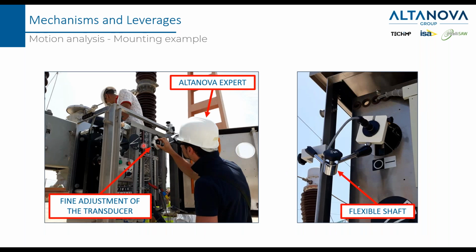Okay, now once the transducer is placed, maybe you need some fine adjustment, and then in the end you can lock the transducer through this kind of flexible shaft. Once the transducer is well mounted, you need to be sure that the movement of the breaker is well transferred.